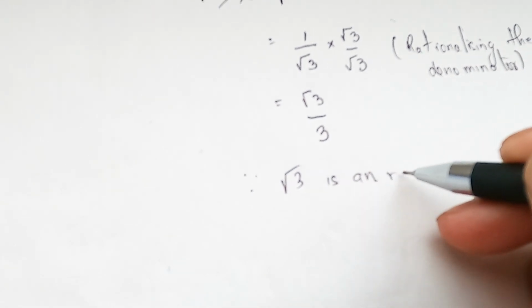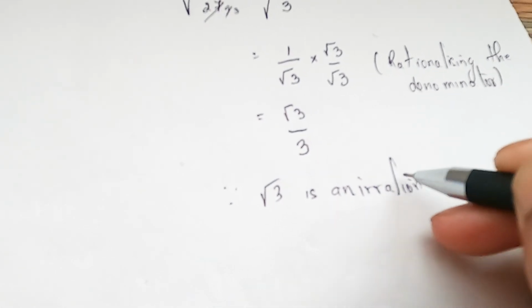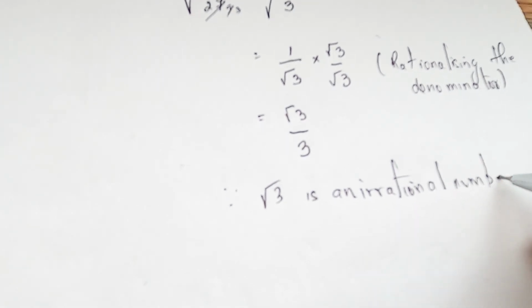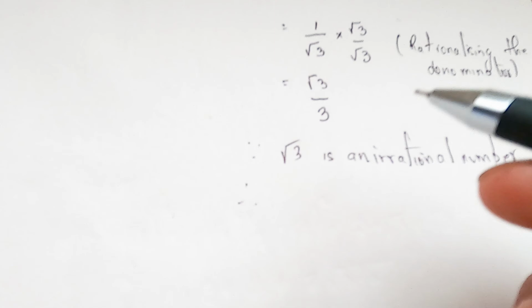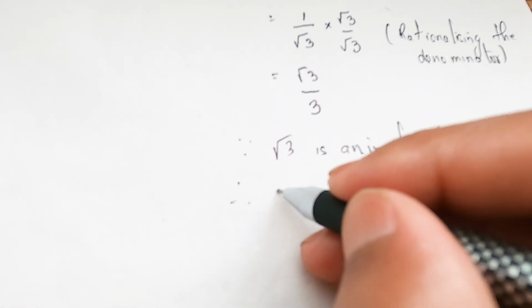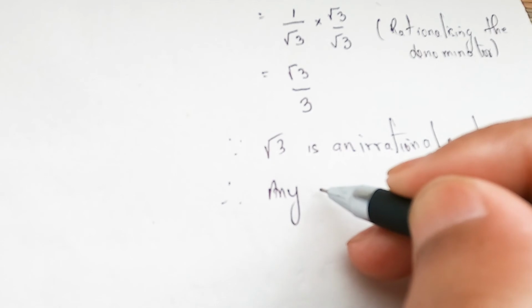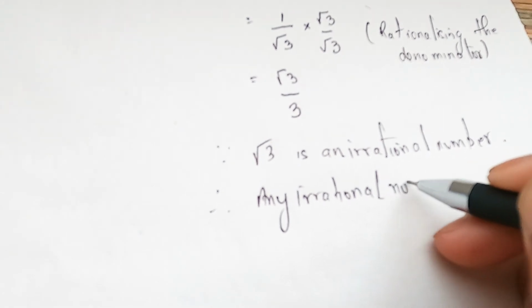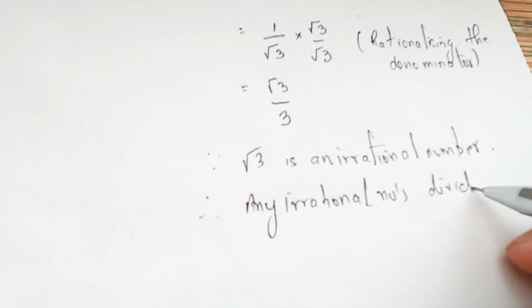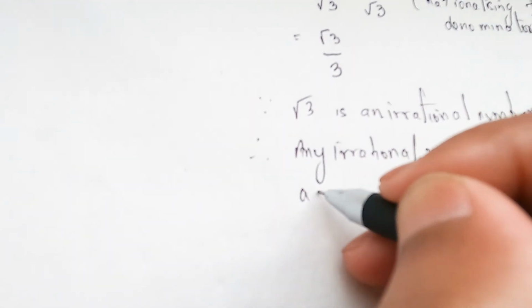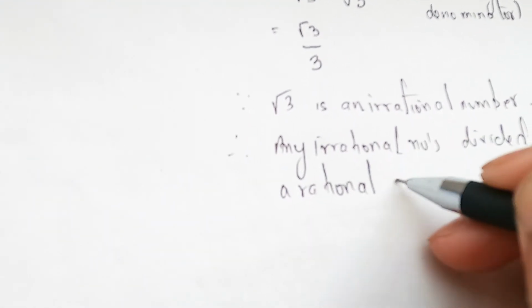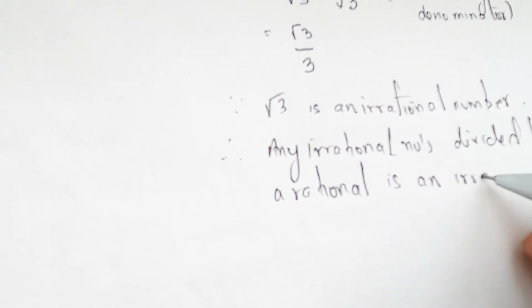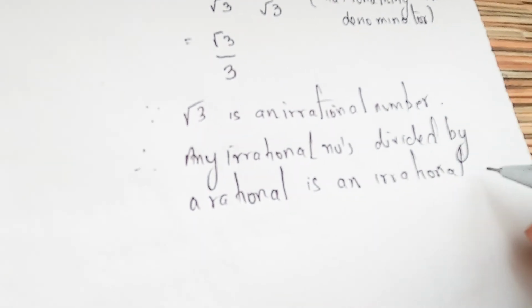So here we will write since root 3 is an irrational number, so therefore any irrational number divided by a rational is an irrational number.